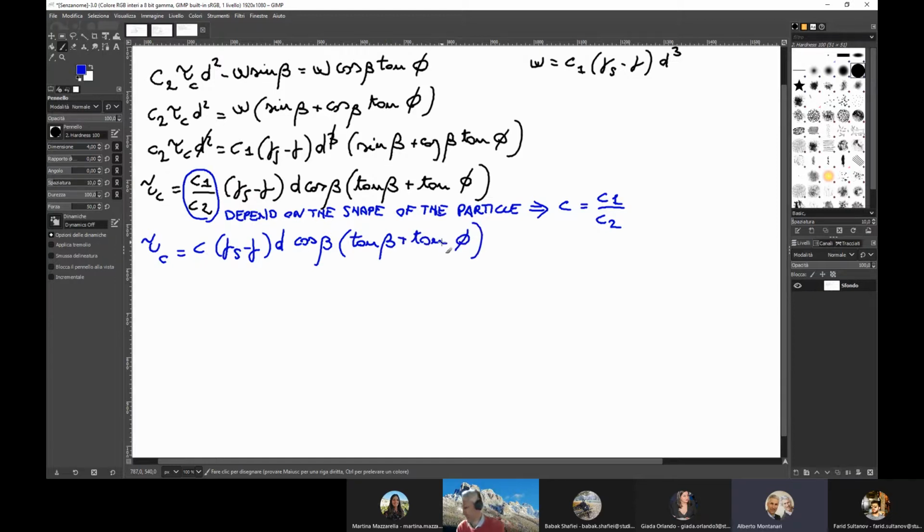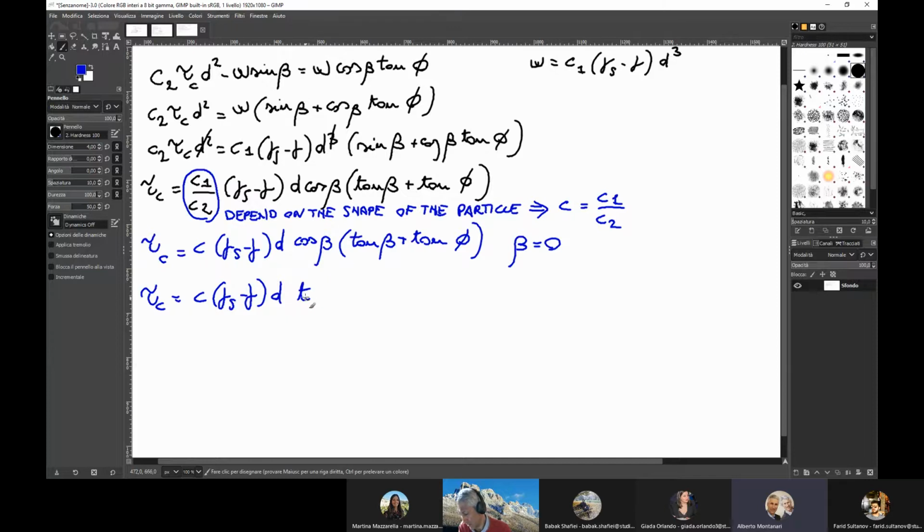Now, in the very simple case, beta equals 0, what we obtain is tau C equal to C, gamma S minus gamma D, and precisely tan phi, as if beta equals 0, we have sin 0.